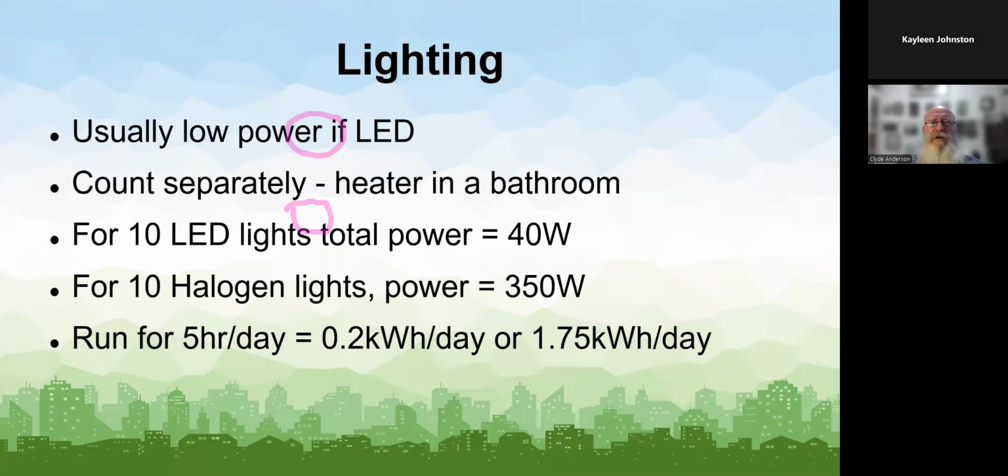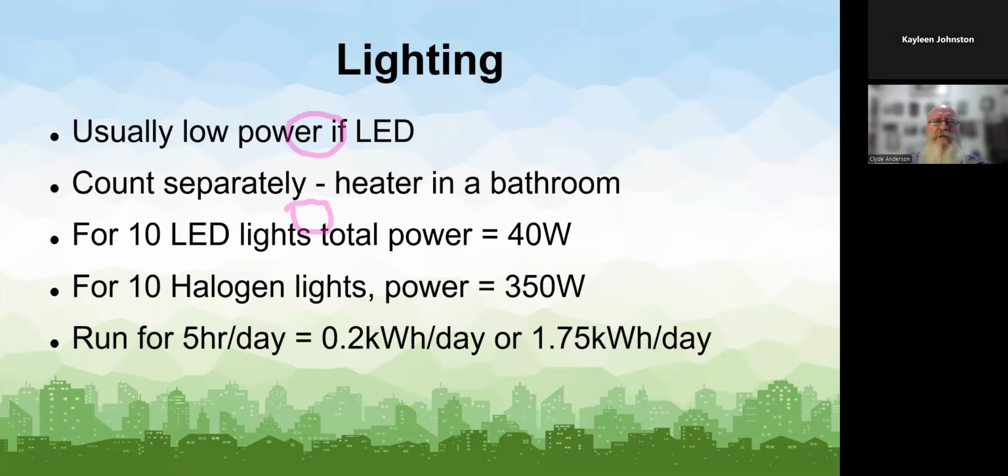I would probably put it in heating as a separate heating element, but they are very inefficient compared to air conditioners. Looking at lighting now, LED lights are typically about 3 or 4 watts per light. And if you have 10, that's 40 watts, not very much at all. The old halogen lights at 35 watts each would be a lot higher.